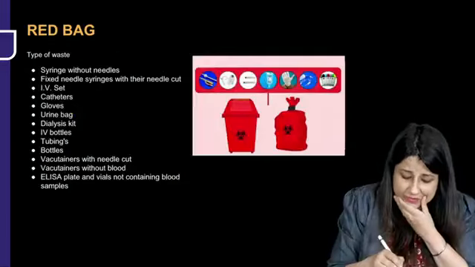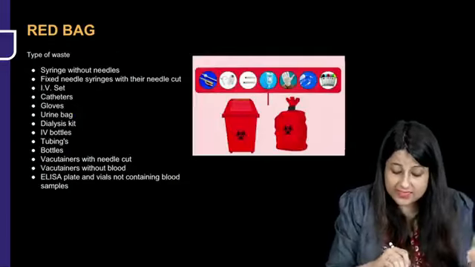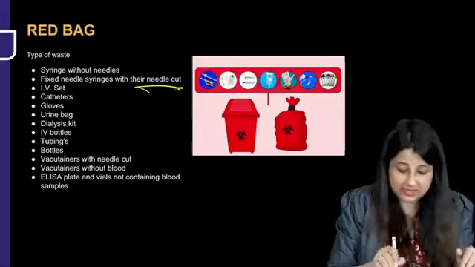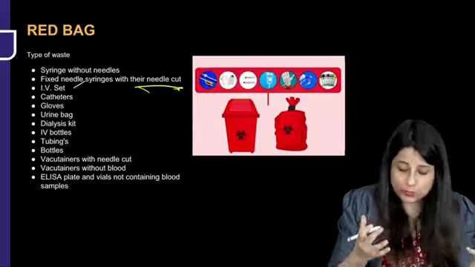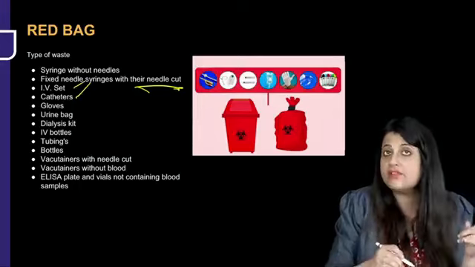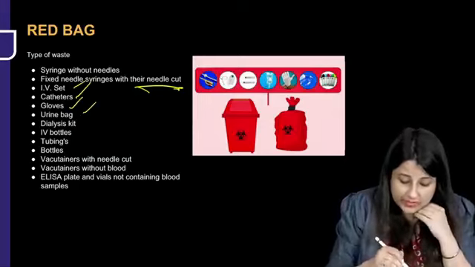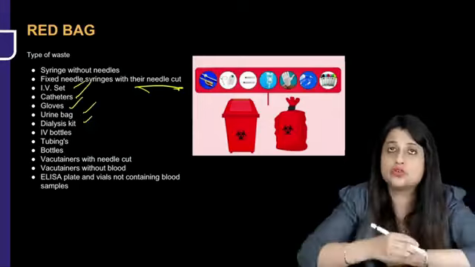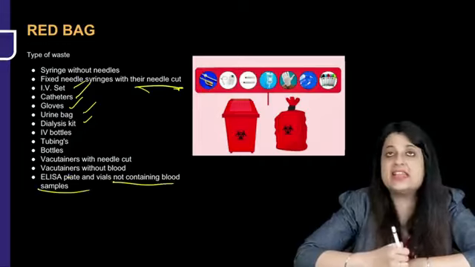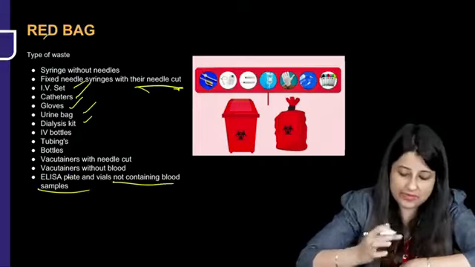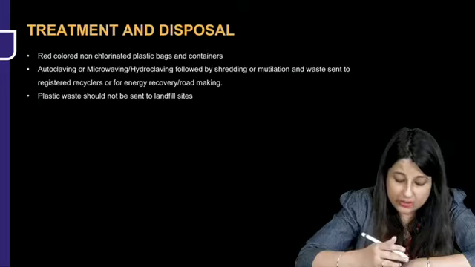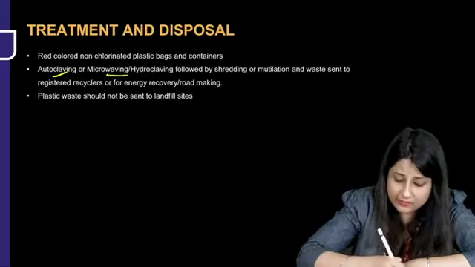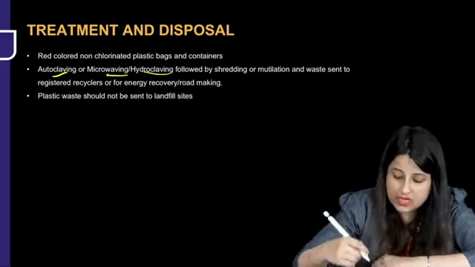See, syringe without needle, or fixed needle syringes with the needle cut, IV set, any tube, catheters, very important, gloves, urine bag, dialysis kit, IV bottles, anything which is a tube, vacutainers with needle cut, vacutainers without blood, ELISA plate and vials not containing blood samples, they go into the red bag.